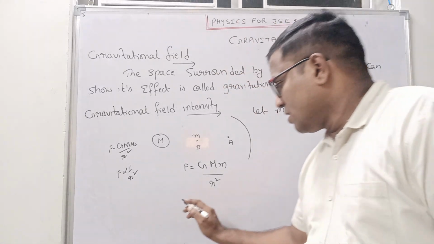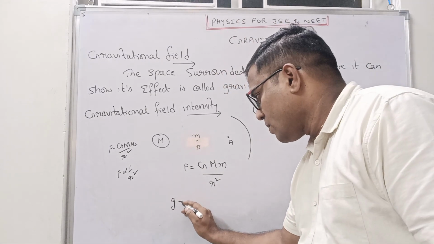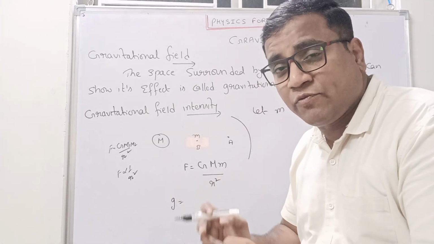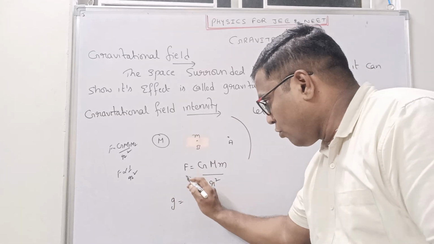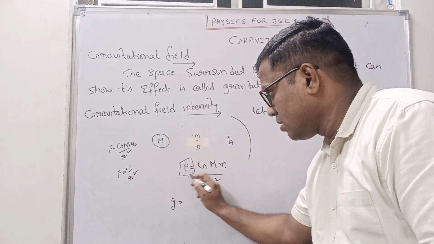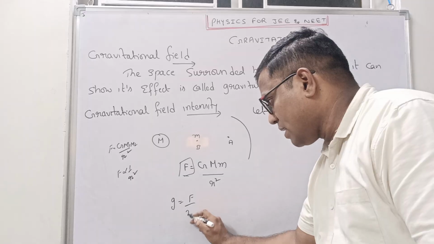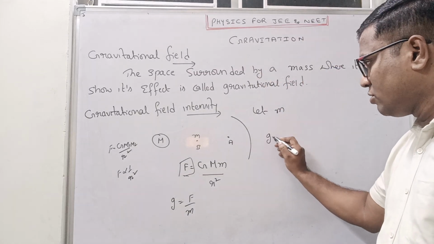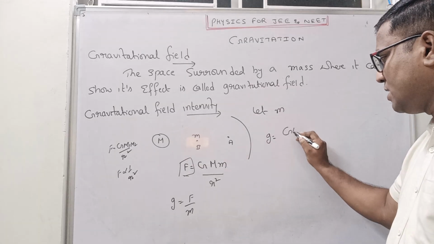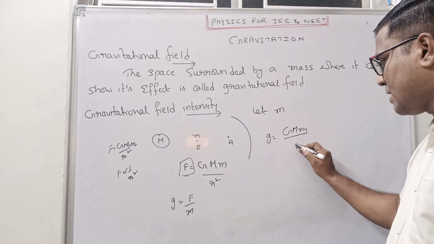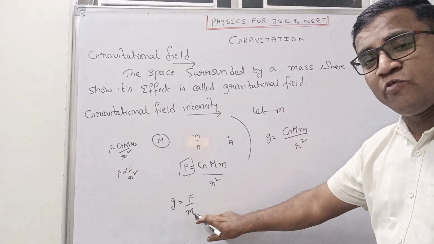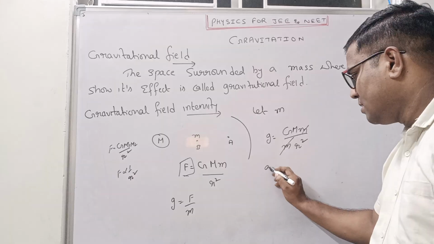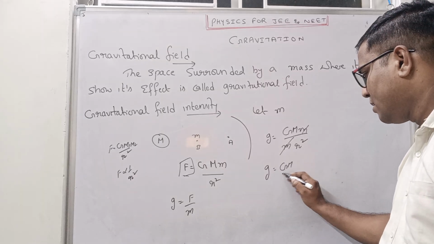So I will write here, small g is equal to gravitational field intensity at a point, defined as force per unit mass. Force already calculated. Force upon mass. So g is equal to force, which we got as G M m by r square, again divided by mass. I will put small m here. This one will cancel.